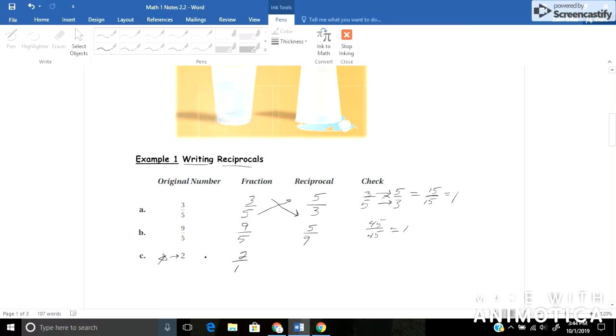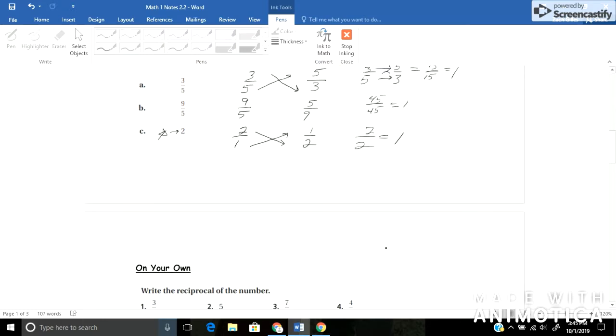All right, so when I write the reciprocal of that then, okay, so now I need 1 as my numerator and 2 as my denominator. The reciprocal of 2 is a half. When I multiply that, I get 2 on the bottom and 2 on the top, so 2 divided by 2 is 1.